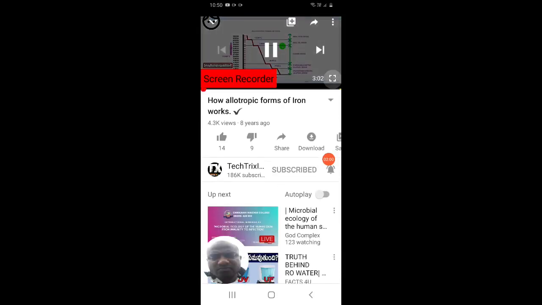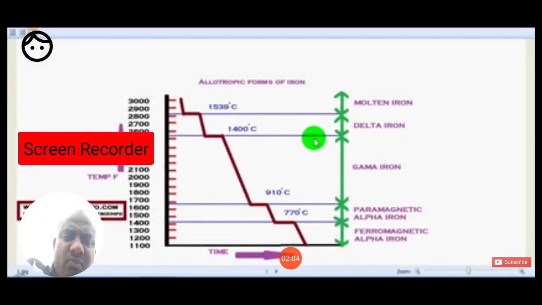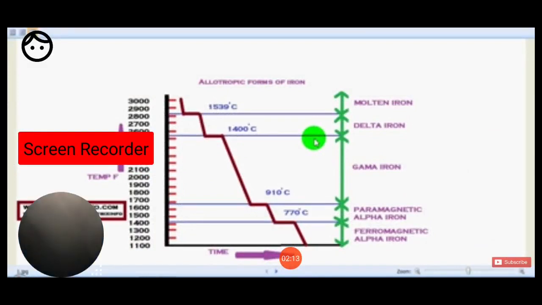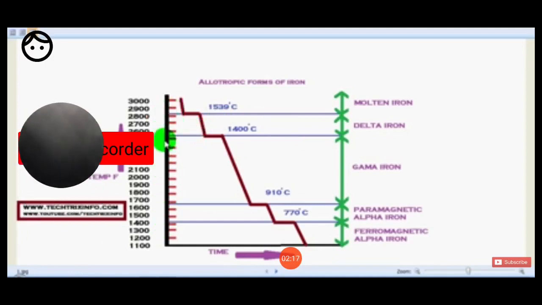Hi, good morning. Today we'll be learning about the allotropic forms of iron with the help of the graph shown on the screen. On this graph we have plotted the different temperatures on the y-axis and the time on the x-axis, and the different forms of iron are also mentioned.